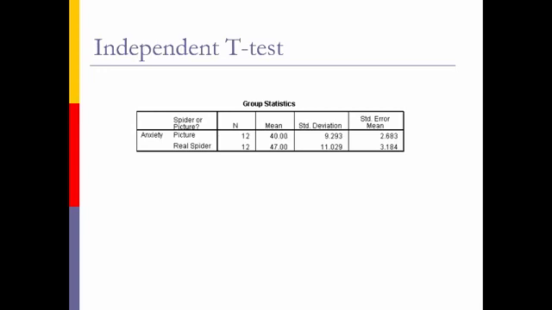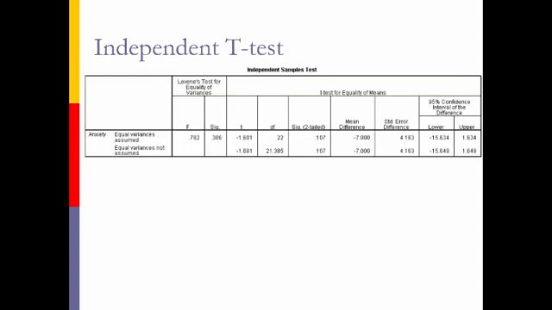All right, these statistics are just telling us what everything looked like. So we've got means, standard deviations, and standard errors. And then the first test we want to look at for the independent t-test is Levene's test. Levene's test is for homogeneous variances, as it says. It is running an F-test, and we have the significance.